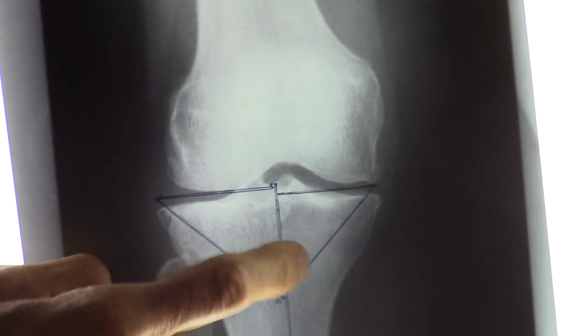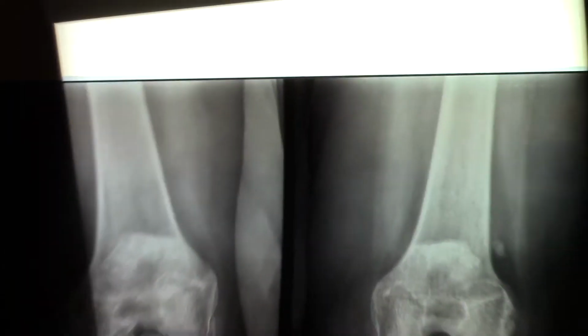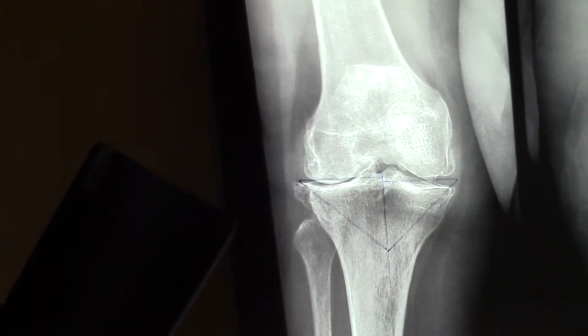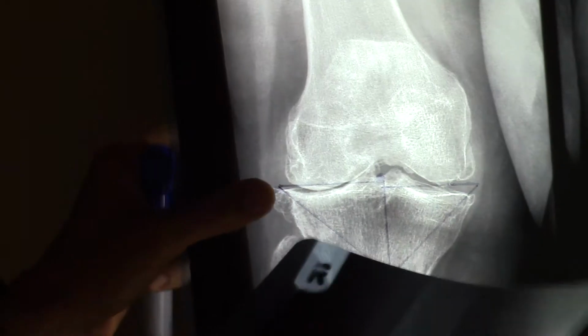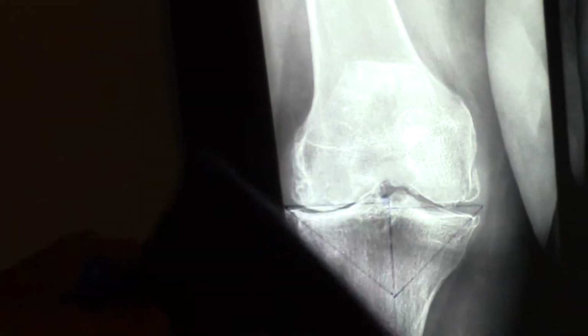So in 1980, this is how the right knee looked. In 2019, this is how the knee looks now. You can see that the changes are drastic, and this is because of disregard of the medical facility from 1980 to 2019. Obviously, this case is a lot harder to deal with than it would be to deal with this case.